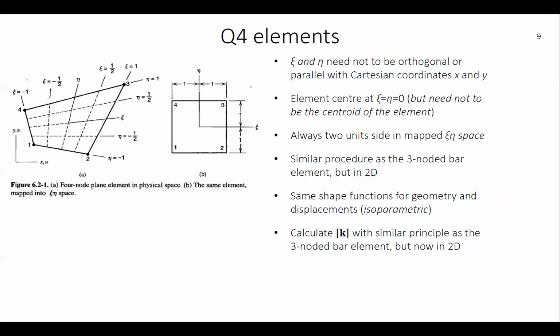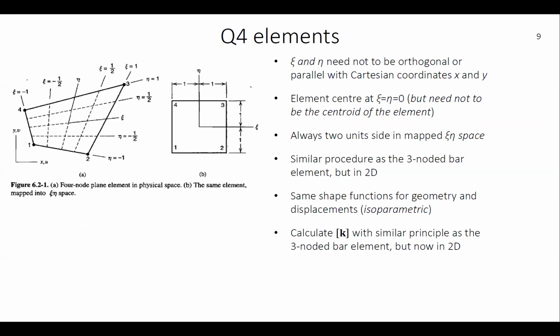We use the same shape functions for the geometry and for the displacements. And that's why it's called isoparametric, that we use the same order of shape functions for both of them. You also have other concepts called subparametric or superparametric, but I'm not so sure if that has any relevant application, not here anyway.